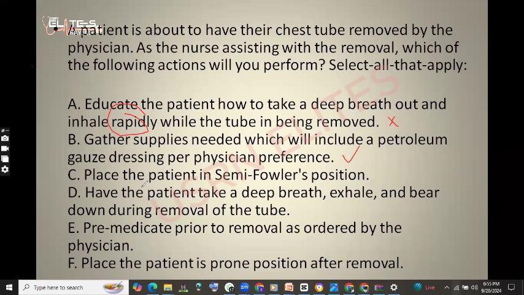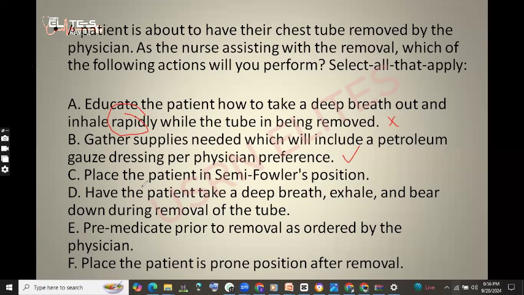Option C is wrong. Place the client in semi-Fowler's position. Yes, it's wrong. Why? It should be high Fowler's.